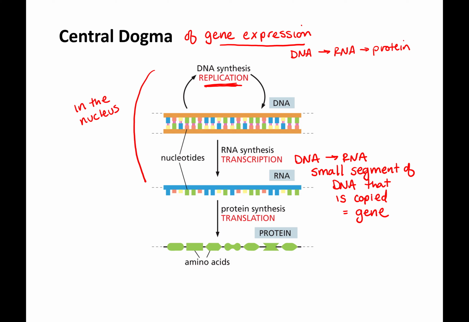When that RNA is made, remember that RNA is processed, which means it gets a 5' cap, a 3' poly A tail, and the introns are spliced out.